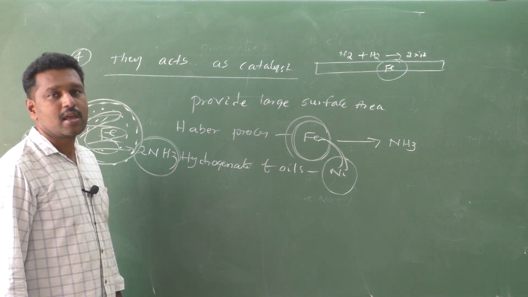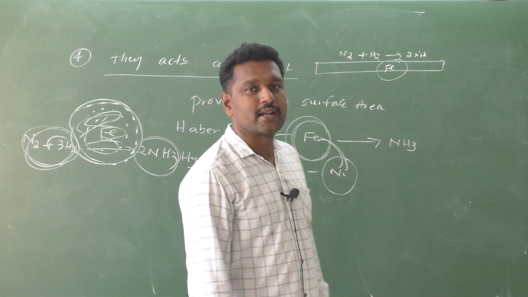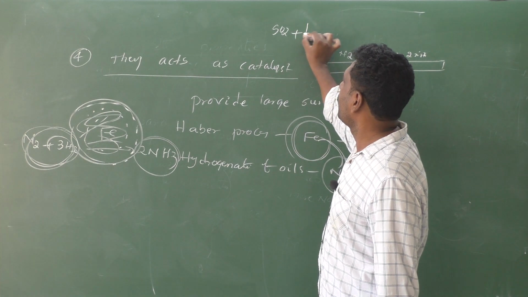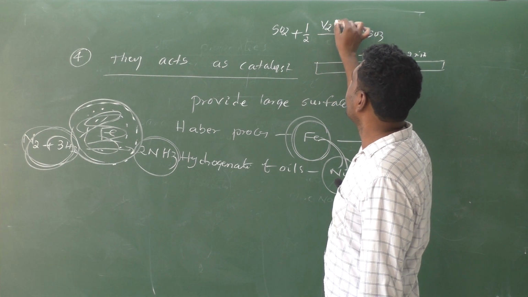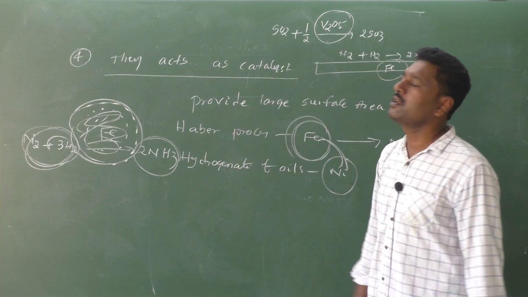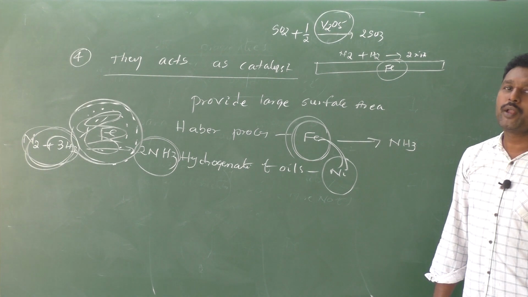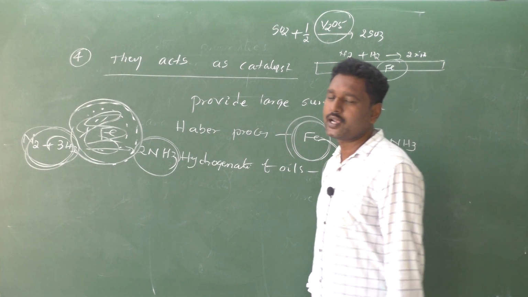Some examples are already given. Vanadium pentoxide, V2O5, is used as a catalyst: SO2 plus half O2 gives SO3. In this, vanadium is in combination with oxygen as vanadium pentoxide. Vanadium belongs to the d block group. Therefore, vanadium pentoxide is used as a catalyst.